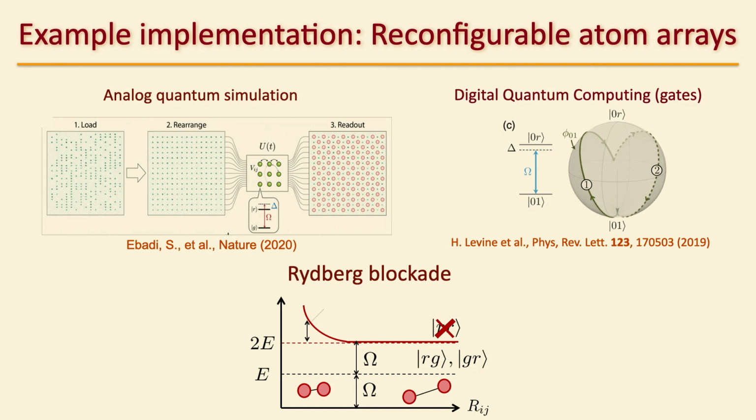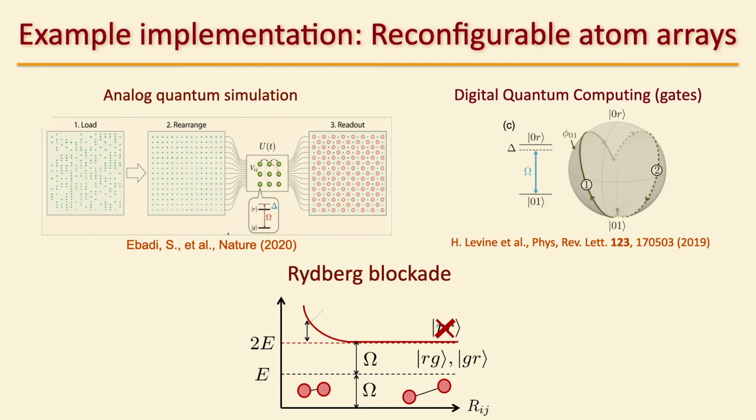Just very briefly, the idea is that Rydberg atoms interact extremely strongly, on the order of something like 10 micrometer distances or something like that. And ground states, on that distance, they don't see each other.